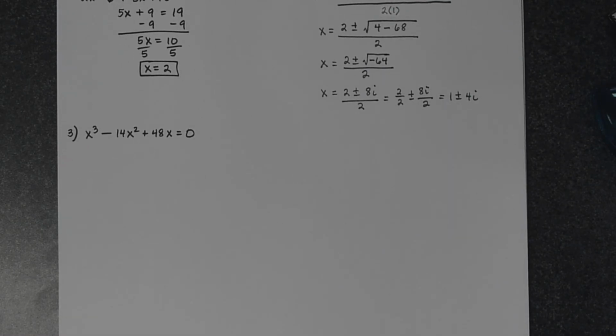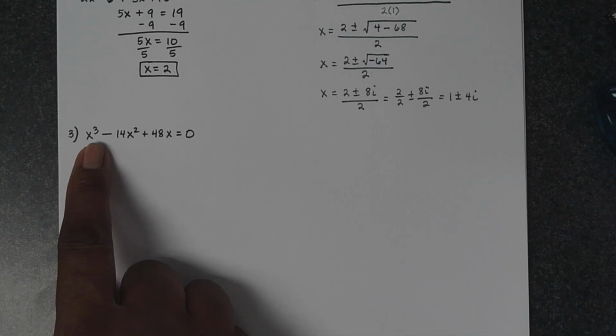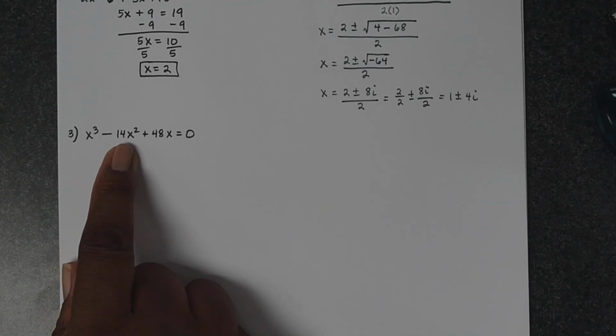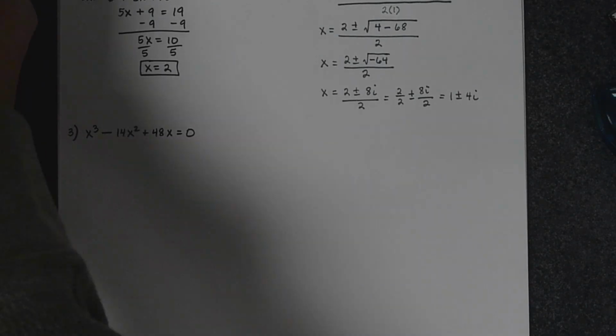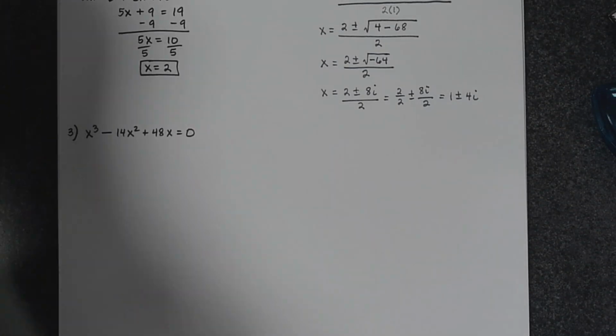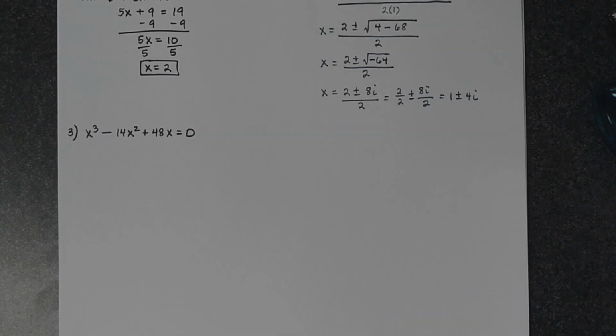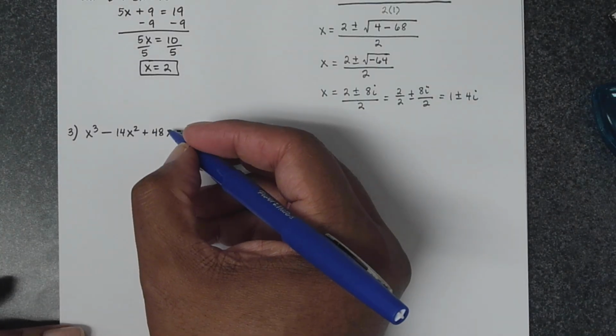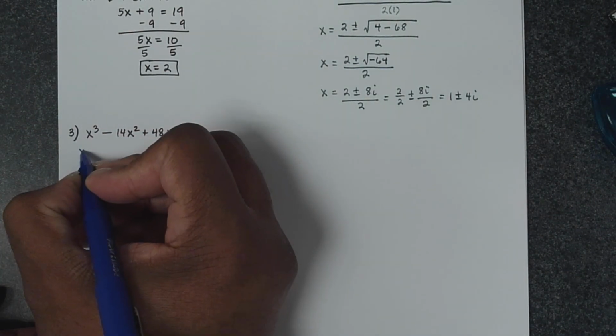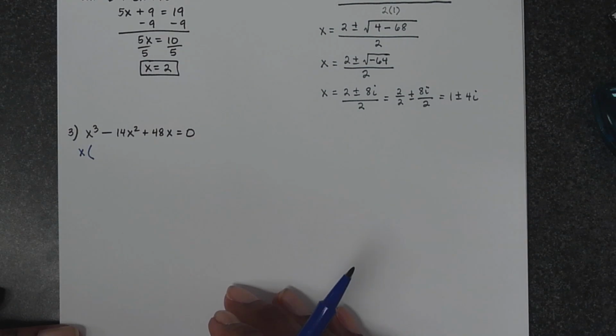Well, let's find a common factor that's in x cubed, 14x squared, and 48x. In this case, let's start off with the x, because x is common in all three of those terms, and we take the one with the smallest exponent, so it'll be x to the 1 for just x. So we factor out the x.